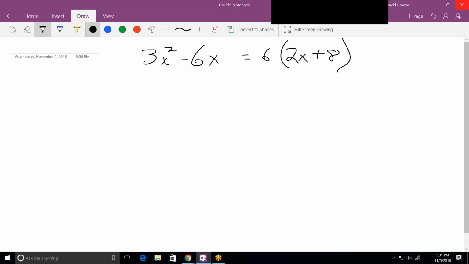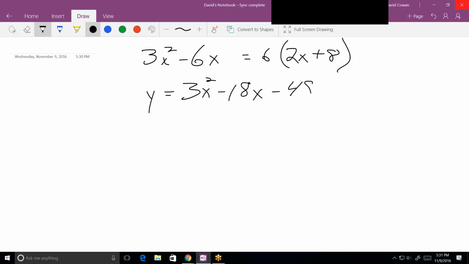Okay, that's not in any format there. But after we distribute the 6 and move everything over to the left, we had y equals 3x squared minus 18x and minus 48. So there's standard format right there.